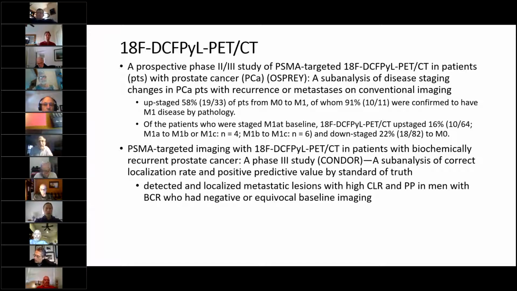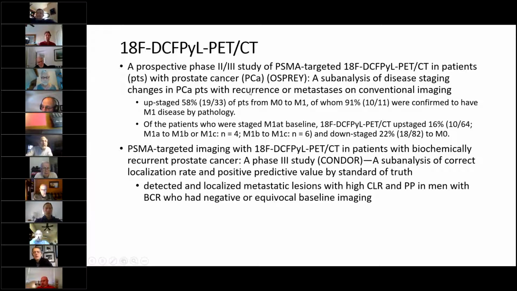And these are two examples of what can happen. Here, one is a phase 2-3 trial, where they looked at a sub-analysis of disease stages in prostate cancer patients with recurrence or metastasis, and compared that with conventional imaging.